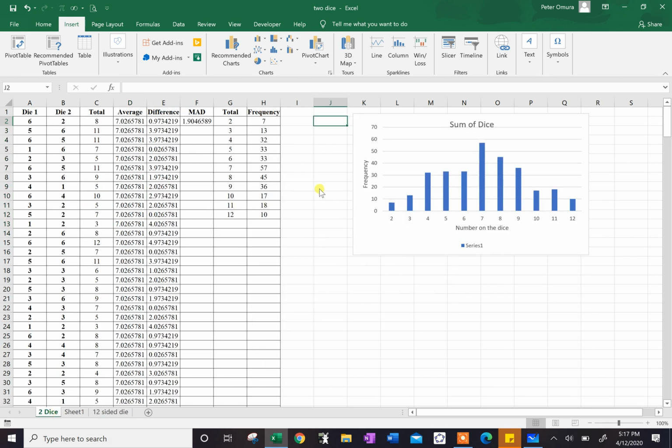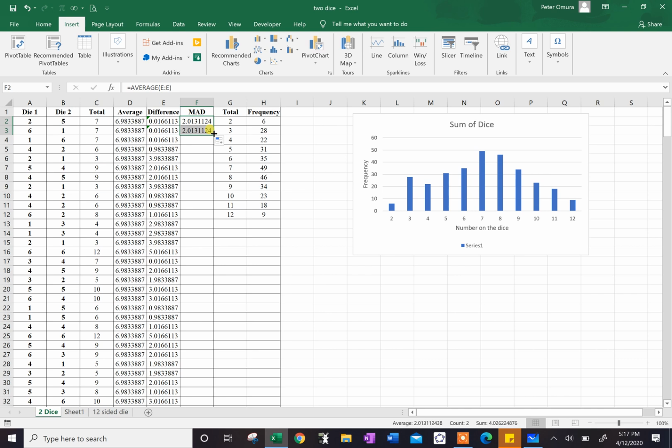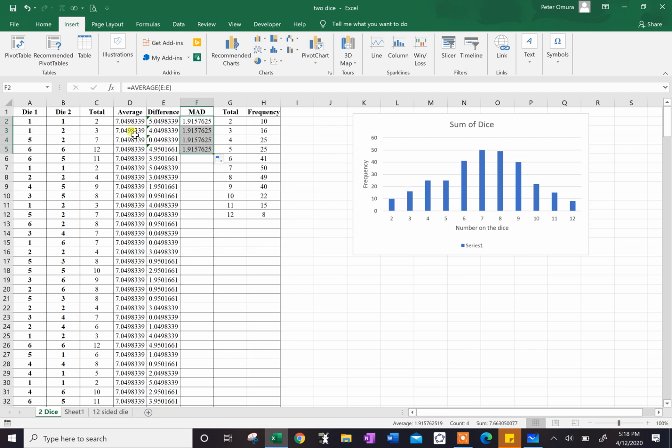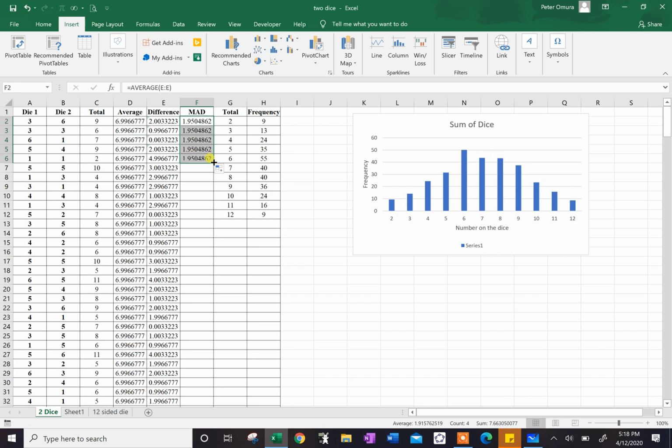Once again, if I go back to here and I mess around with it, this will probably hover around 2, which means all of my rolls are around 6.98, which is 7. Approximately 7. My average still is about 7. And look, the mean distance is about 2 units away.